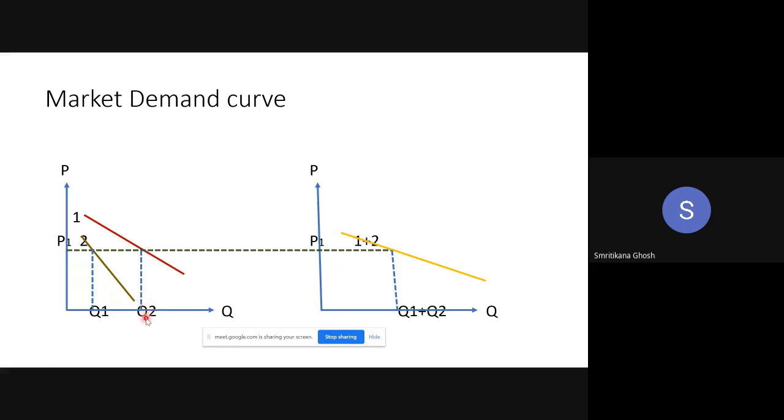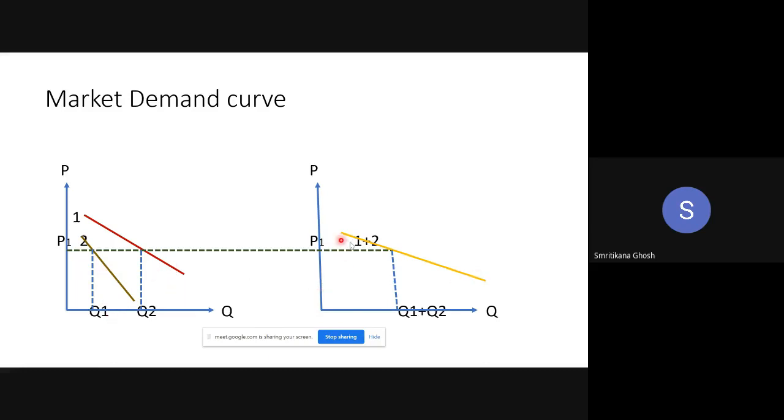So horizontal summation means given the price, Q1 plus Q2 will be the market demand. Similarly, you may get another price P2. For P2, there will be a demand for individual 2 and another demand for individual 1. You have to just sum these quantities. For P2, that will be the market demand.